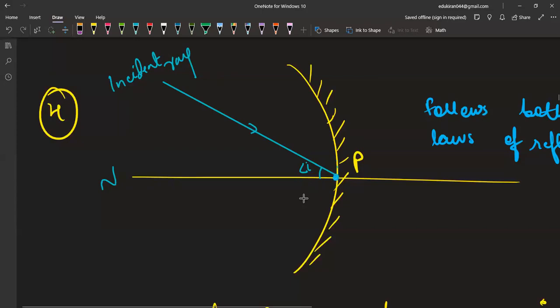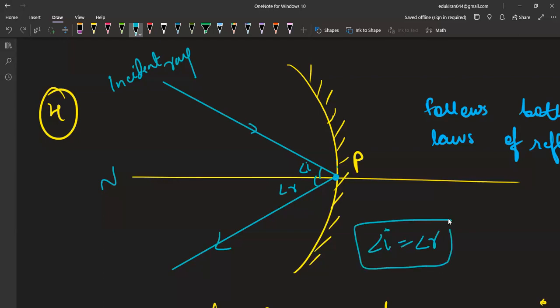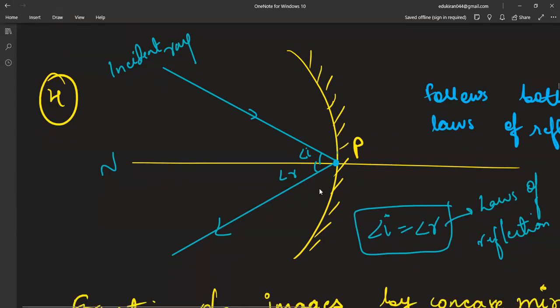So according to the laws of reflection, this will go back at the same angle like this, since angle of incidence equals angle of reflection. So the incident ray has struck the mirror at some angle of incidence, the normal is there, and the angle of reflection is equal. This is the incident ray, this is the reflected ray.